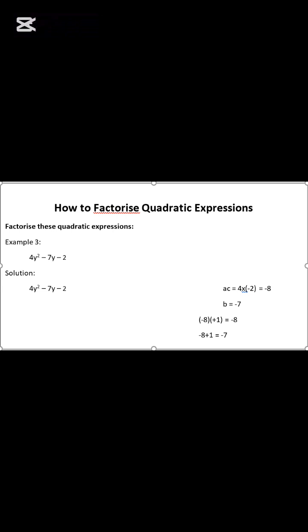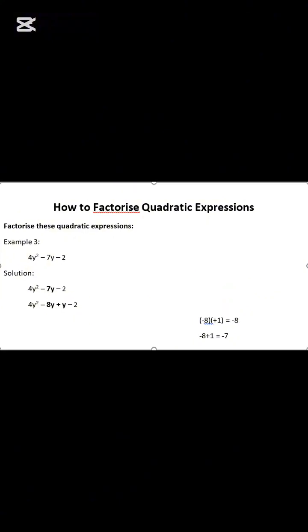Perfect. So we'll split the middle term using those two numbers. Instead of writing minus 7y, we'll write it as minus 8y plus y. That makes our expression become 4y squared minus 8y plus y minus 2.